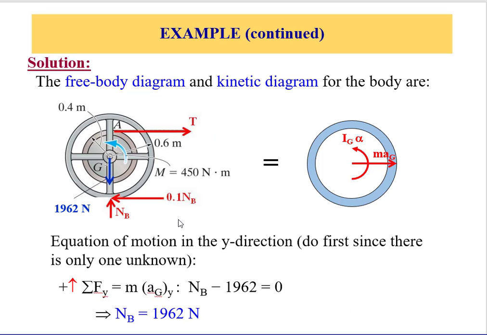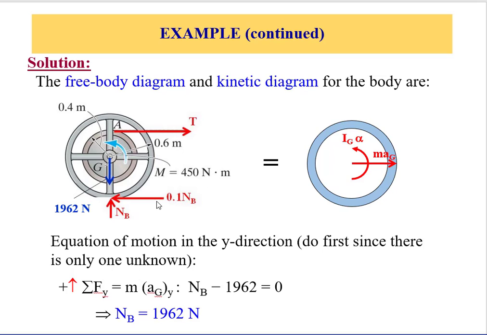Okay, so procedures. What we have here is a free body diagram, where the tension at point A is unknown, the normal force N_B is unknown, and the friction force, we assume here going to the left, equal to mu_k N_B, where mu_k is 0.1.